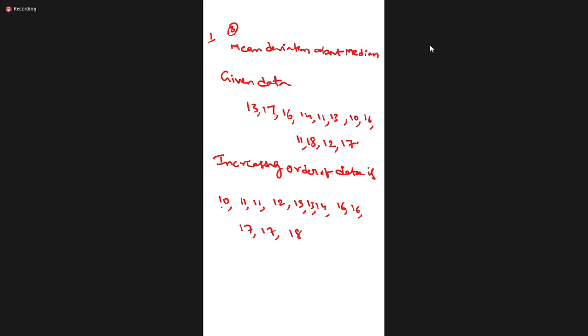So 1, 2, 3, up to 12. Therefore, n is equal to 12, even.